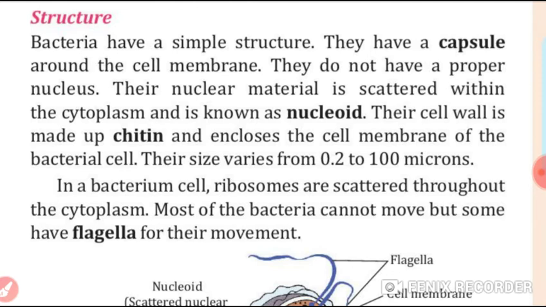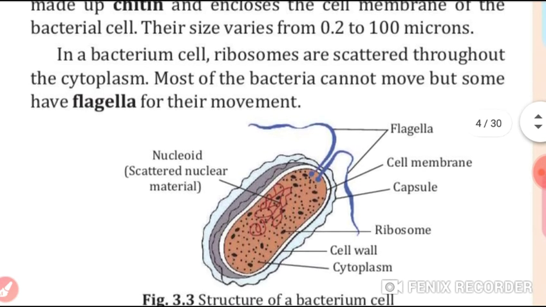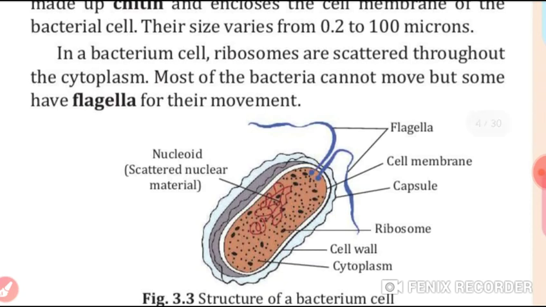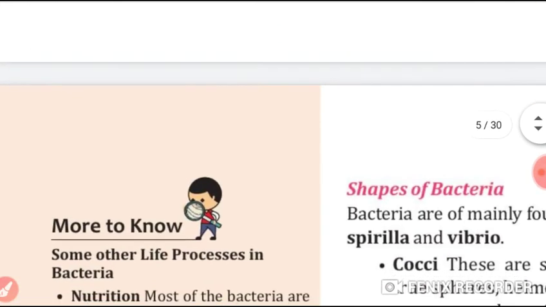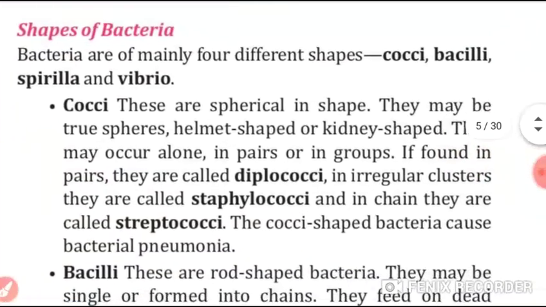Chitin, and its size varies from 0.2 to 100 microns. Students, in a bacterium cell, ribosomes are scattered all through the cytoplasm. Most bacteria cannot move, but students, some bacteria move with the help of flagella.